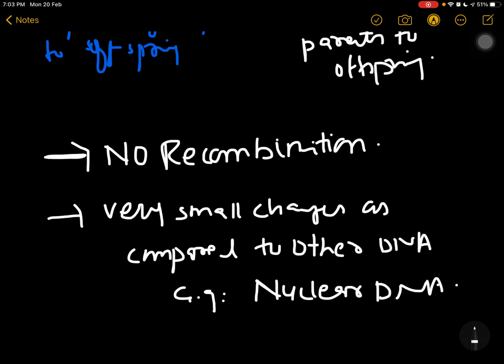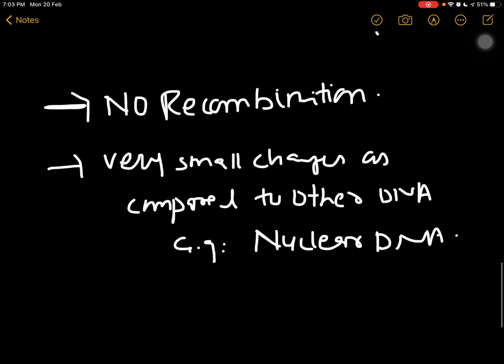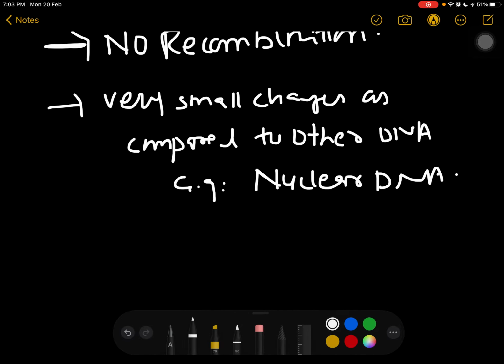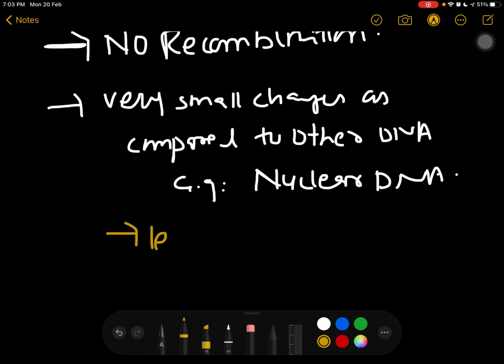Now what does that mean? There will be very small changes in the mitochondrial DNA, which is estimated to help in evolution, which will lead to evolution. So this helps us to know about the species that are closely related to each other.